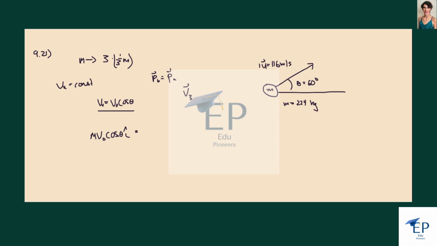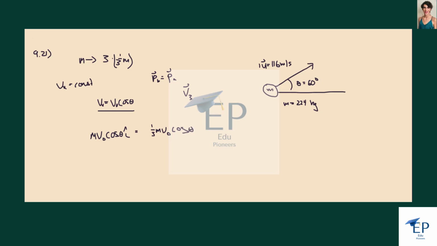Now let's write out P after. One fragment is moving at the same speed with 1/3 mass, so that's 1/3 m times v naught times cos theta.